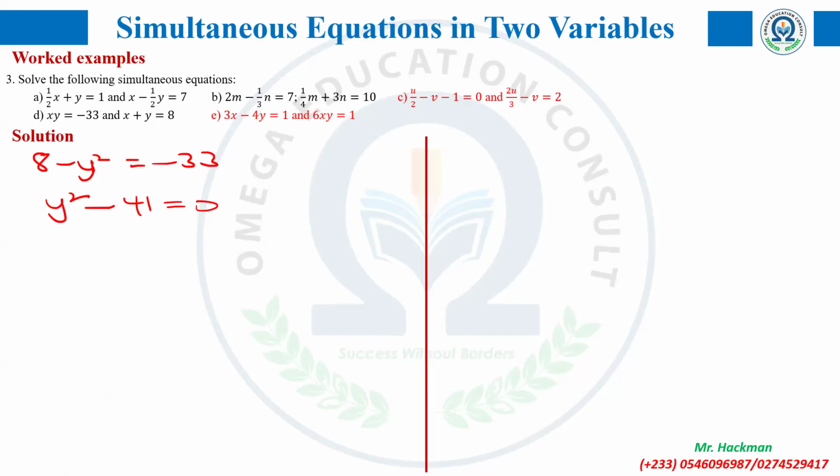Otherwise, I will teach you an approach to deal with it. Sir, it will give you 6.403. Obviously, since it's not an integer, 41 is not a perfect square, so you cannot solve by factorization.